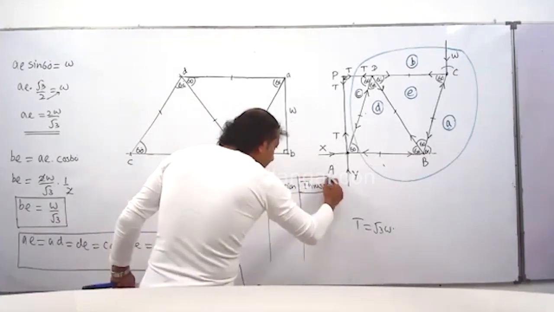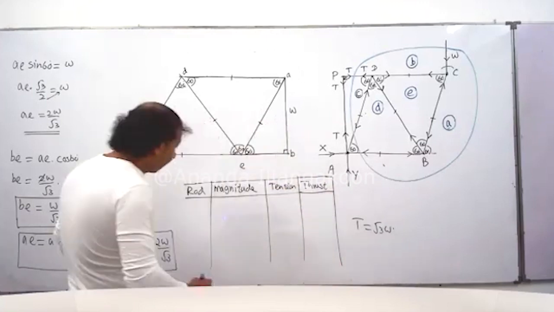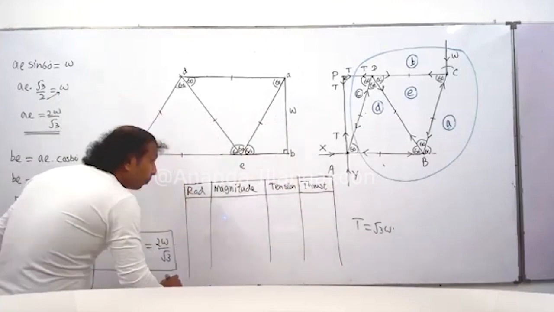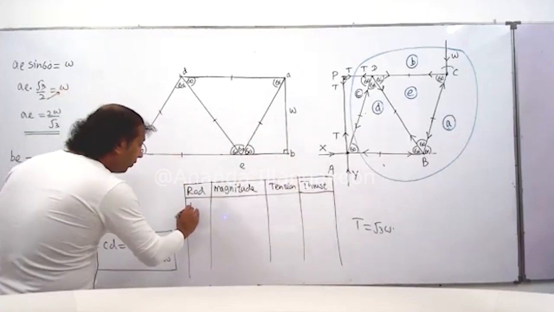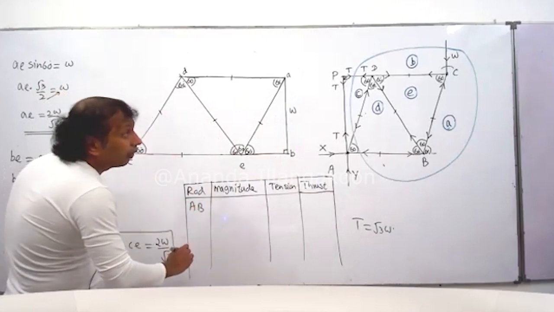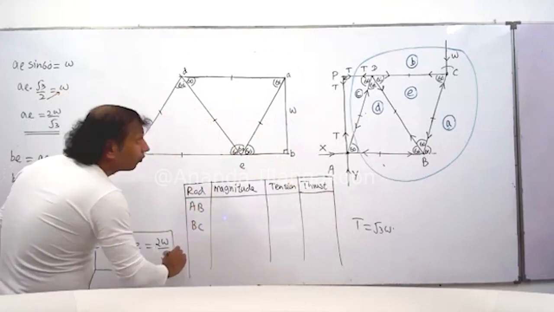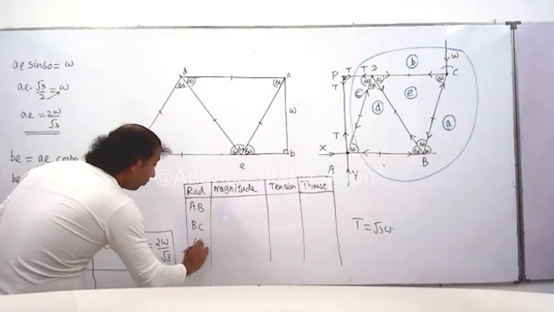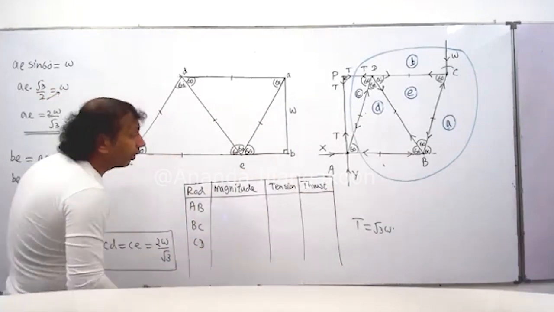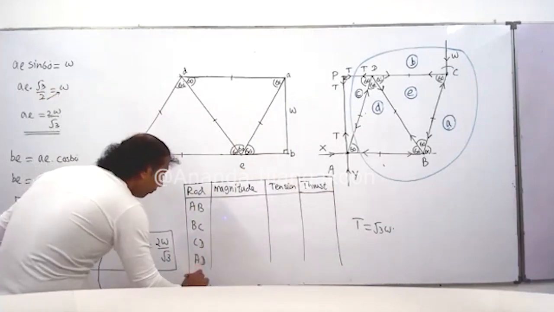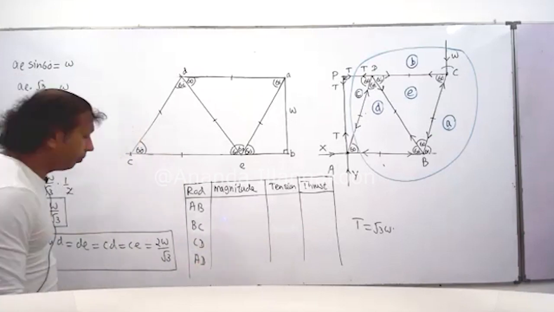And now you can fill this. First rod is AB and BC, CD and AD and BD.